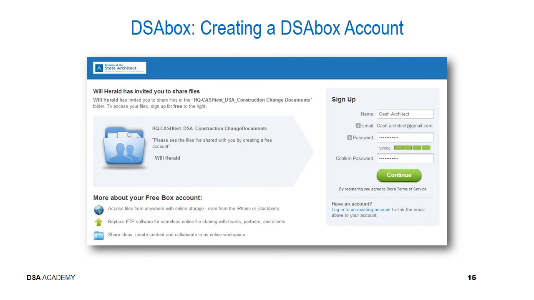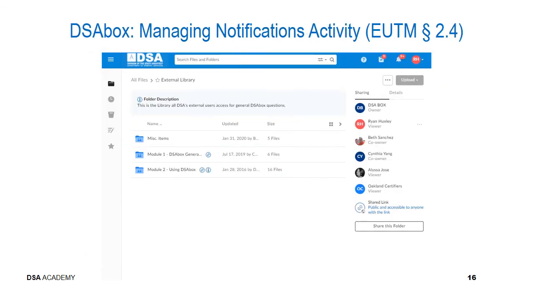So you'd provide your name, the email that's associated with it, which should already be provided, and then the password, and then you confirm the password, and it'll provide you with some information about whether or not you have a strong or weak password, and then you click on Continue. The information that you receive may be a little bit different than what you see here based upon modifications and updates that have been made to Box by the time you're viewing this presentation.